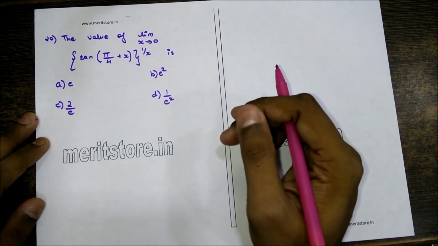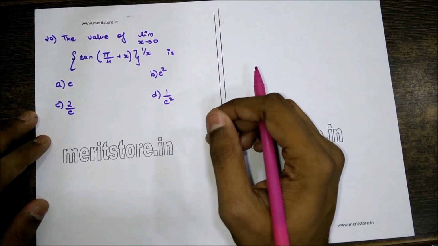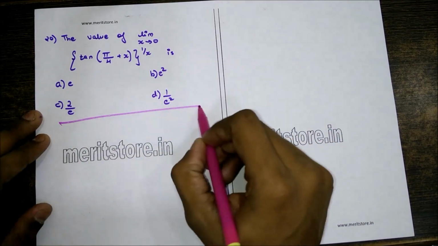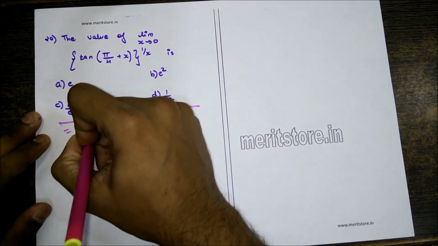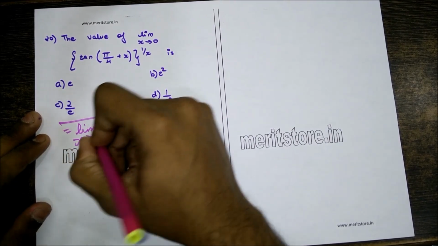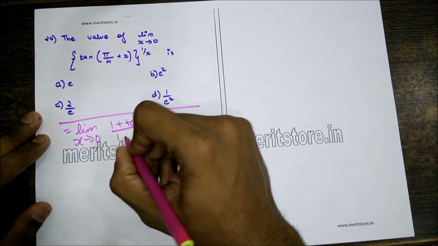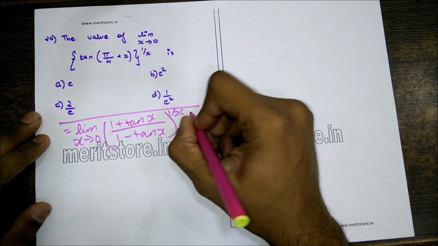The value of limit x tends to 0, tan of (pi by 4 plus x) raised to 1 by x is: A e, B e square, C 2 by e, D 1 by e square. So therefore we can write this equation as limit of x tends to 0, (1 plus tan x) upon (1 minus tan x) raised to 1 by x.